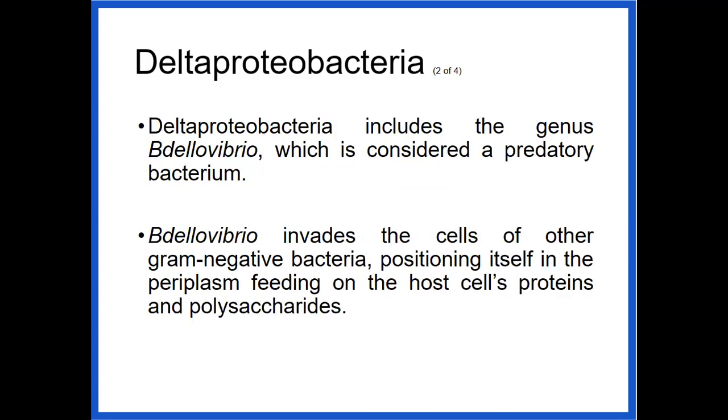So you have Bdellovibrio, so considered a predatory bacterium. Bdellovibrio, so this invades the cell of other gram-negative bacteria. So it will position itself in the periplasm. So nasa gitna siya ng inner membrane at saka yung cell wall. And it will feed on the host cell's proteins and polysaccharides.